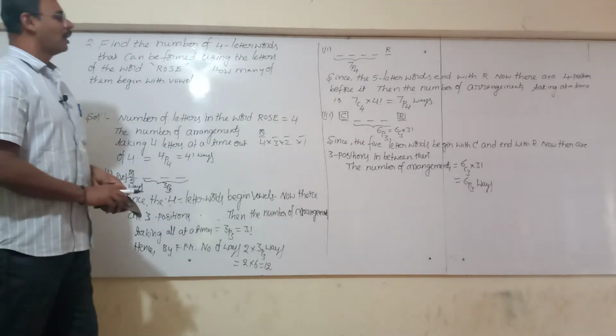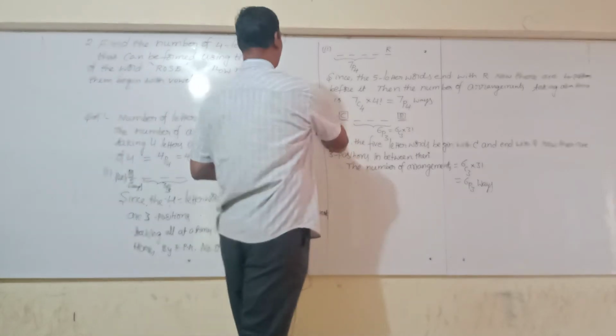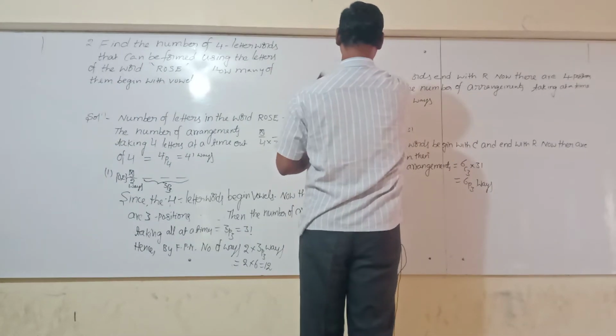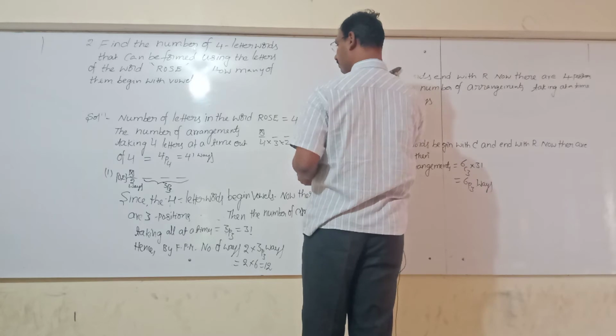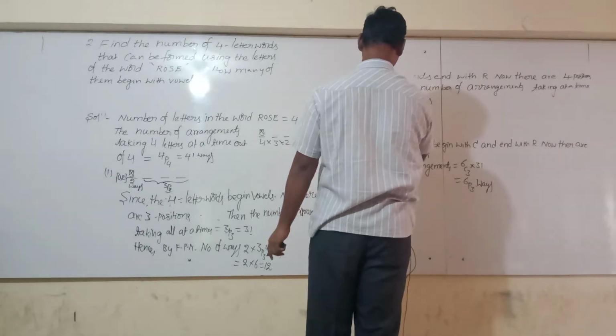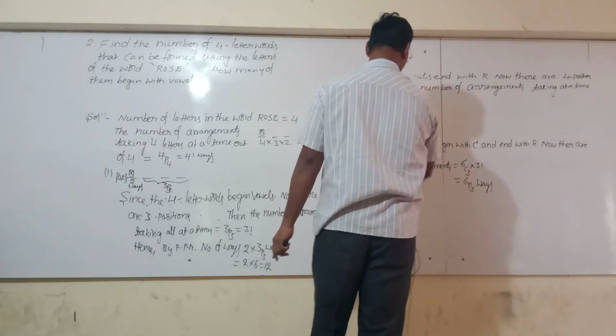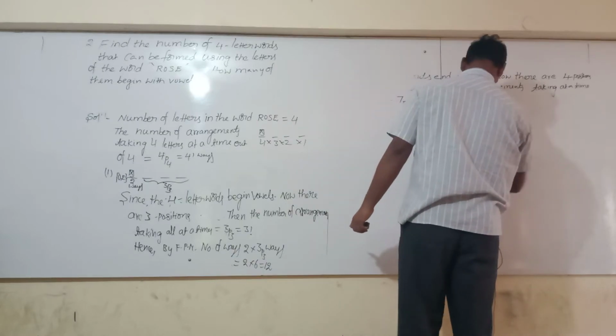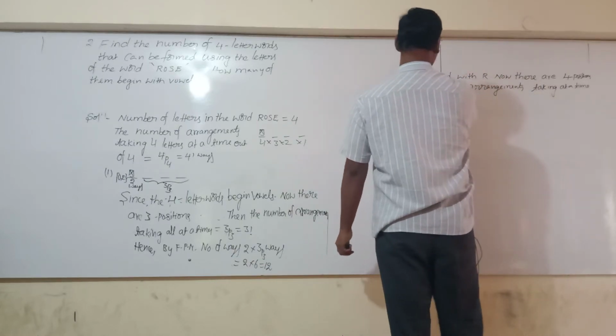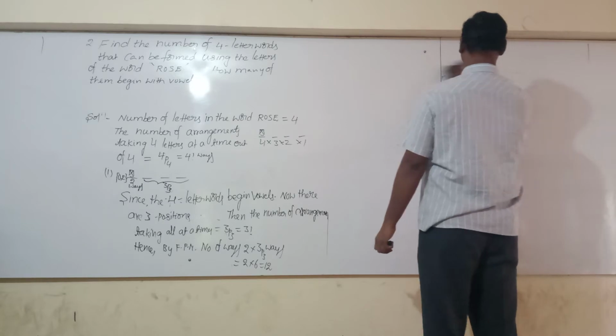Now I am going to the little variety questions. Let us see the next question right now. This is a very simple problem. Now I am going to important questions. This is very important from a competitive point of view also.